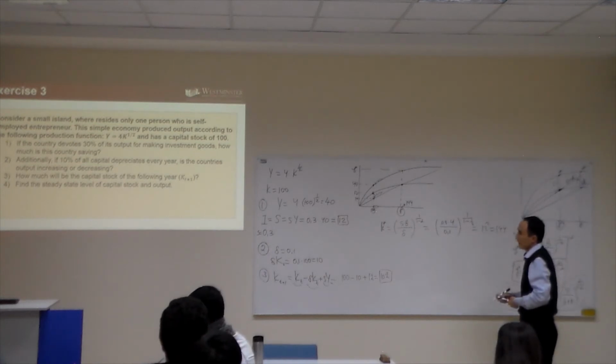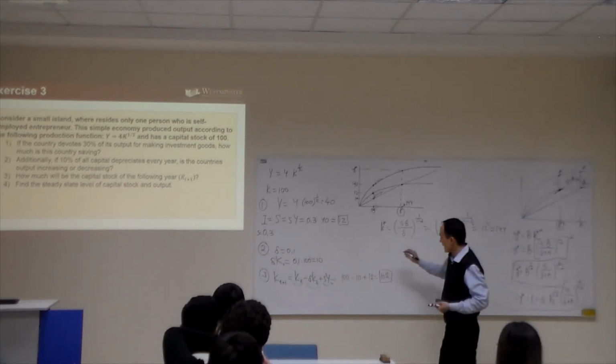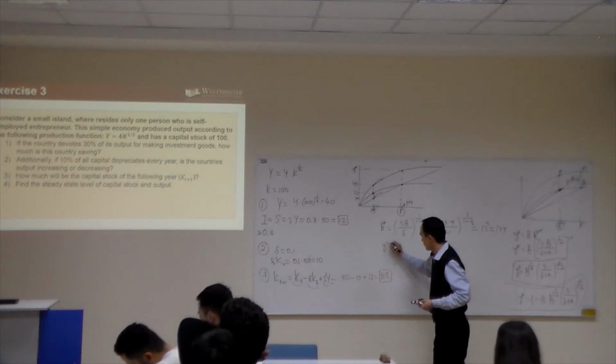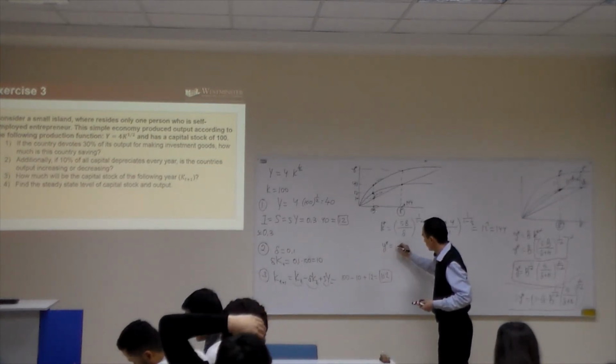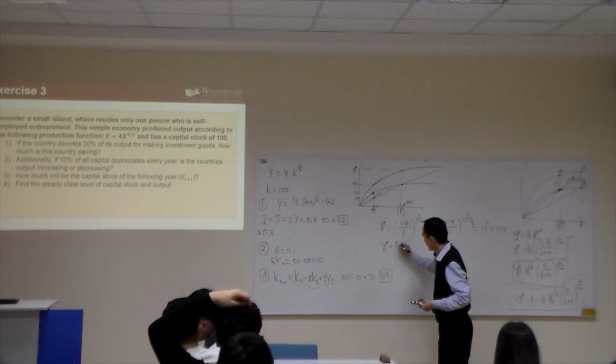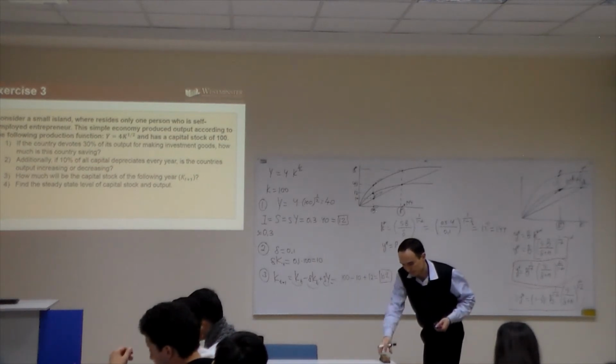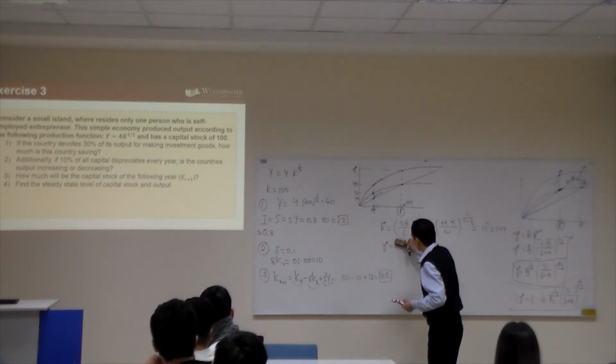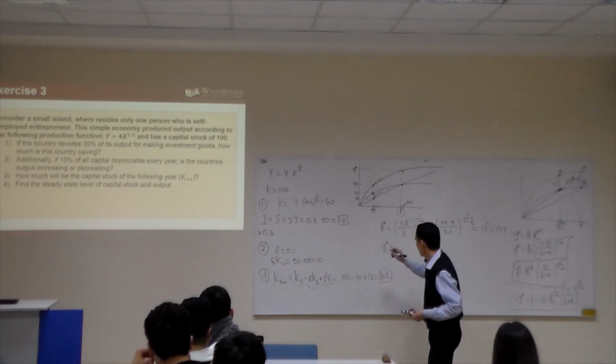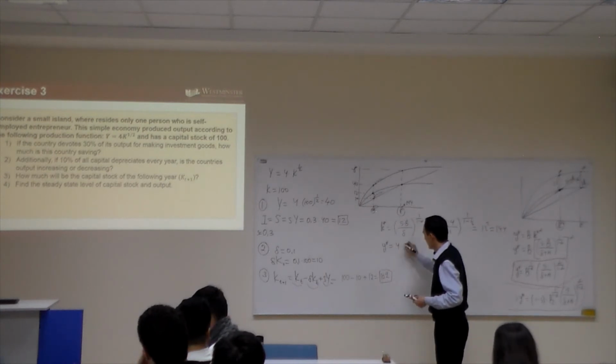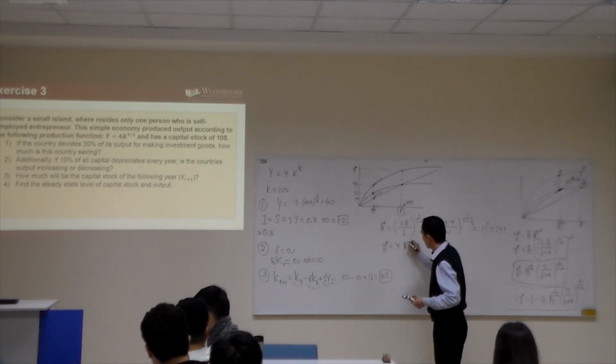Good. Now we should find the per capita output. You know the per capita output at the steady state level is equal to technology times our per capita capital at the steady state level in the power of 1 over 2.